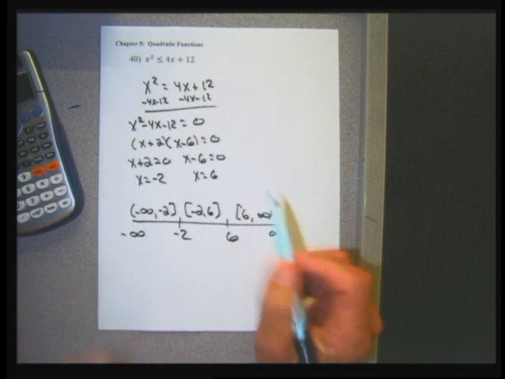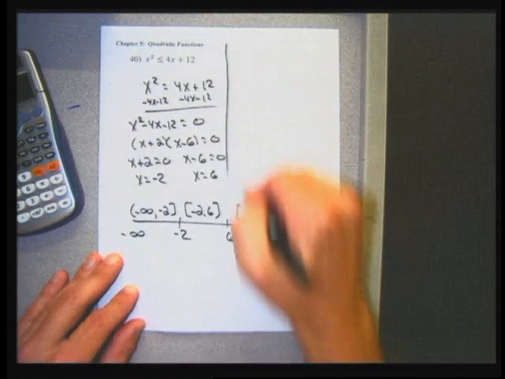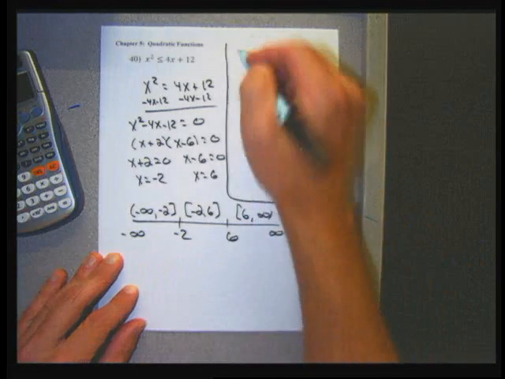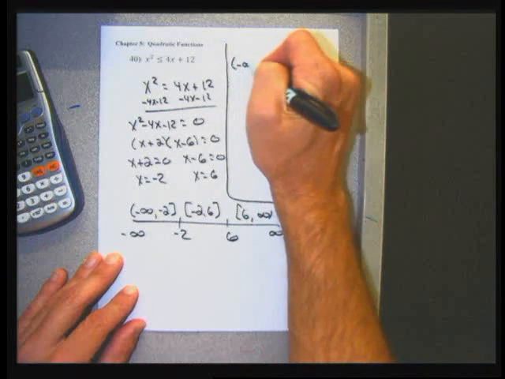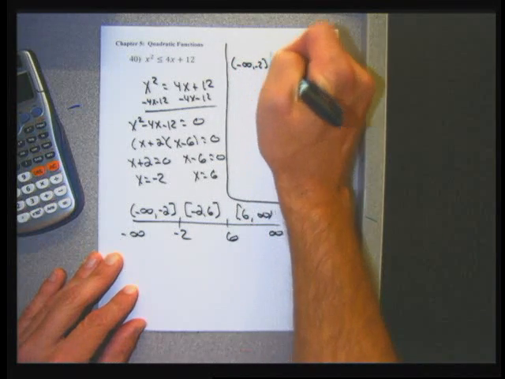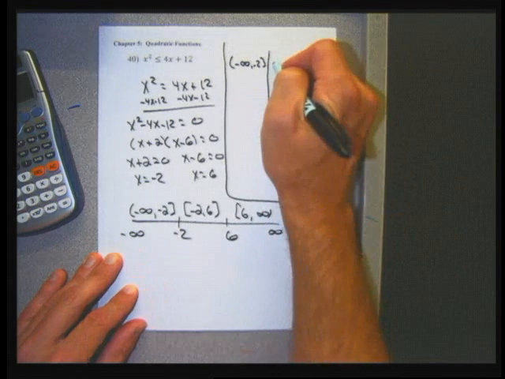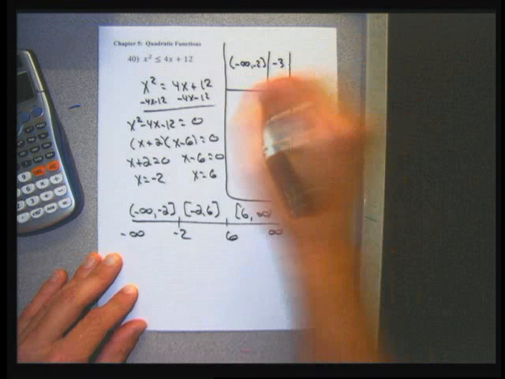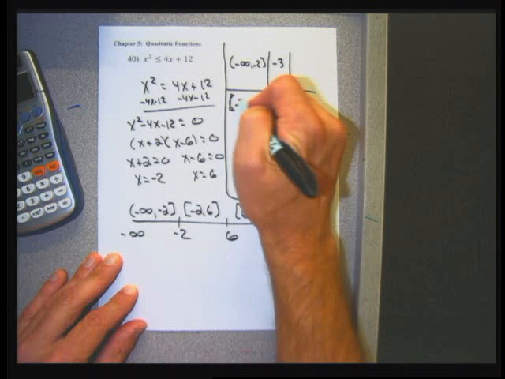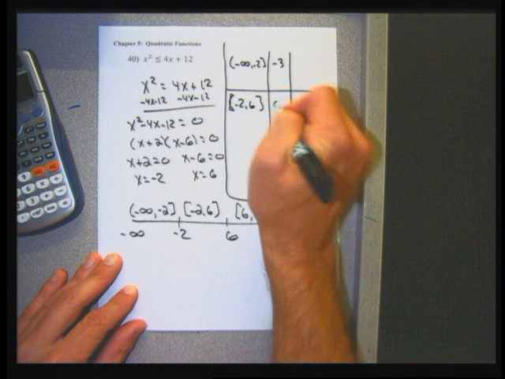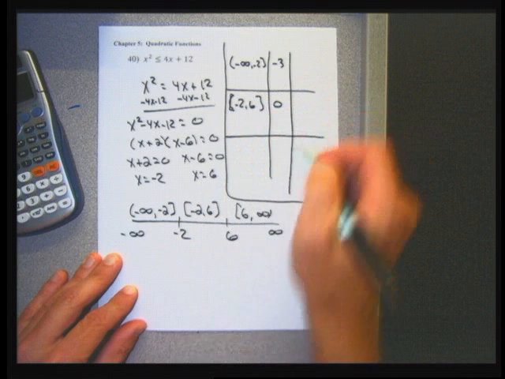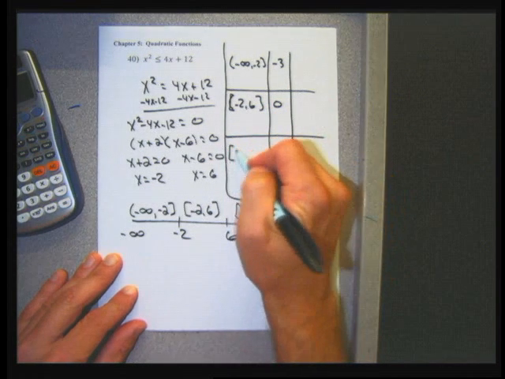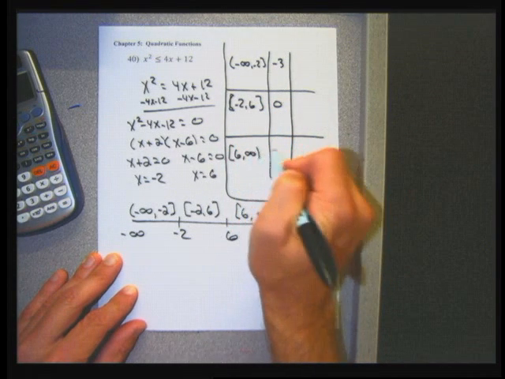Let me do the table just to convince myself. So the first interval, negative infinity to negative 2, I'm going to try negative 3. Second interval, negative 2 to 6, I'm going to try 0. Third interval, 6 to infinity, I'm going to try 7.